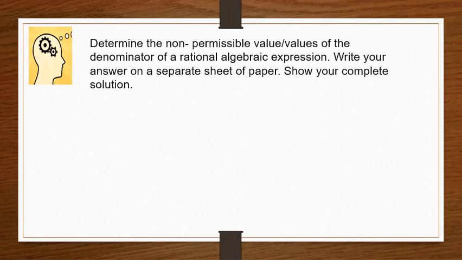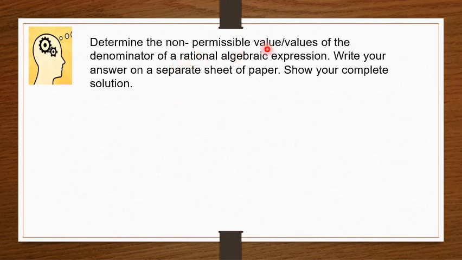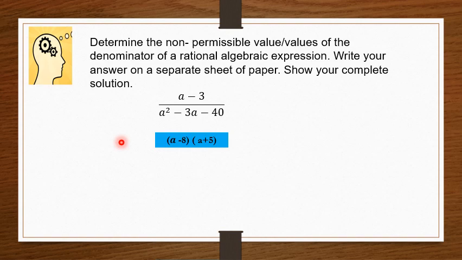Alright, let's go to this one. Determine the non-permissible values of the denominator of the rational algebraic expression. Write your answer on a separate sheet of paper. Show your complete solution. We have a minus 3 over a squared minus 3a minus 40. Focus on the denominator.